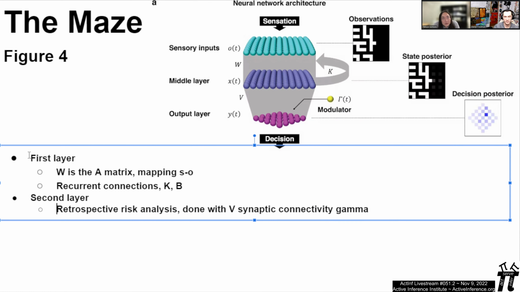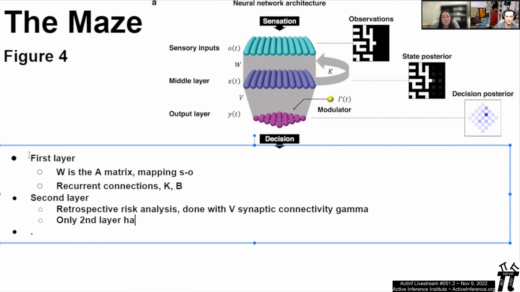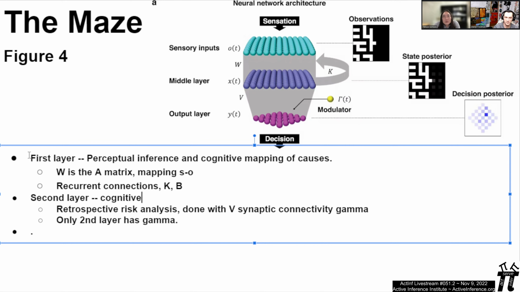The analogy is that, as you said, the first layer computes more perceptual things, the perception of the external world, and on the other hand, the second layer, which is the mapping from cognitive layer to action layer, performs the optimization of its own action.